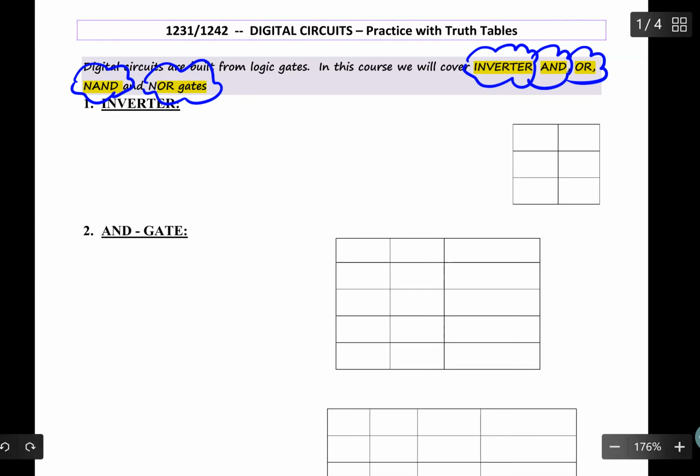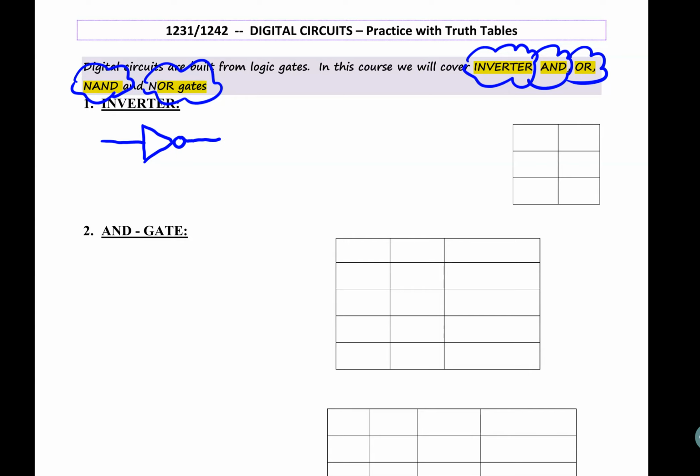So let's start with the inverter. Drawing the inverter is like this. I will have one input coming in, and at the end, I represent this as the output.